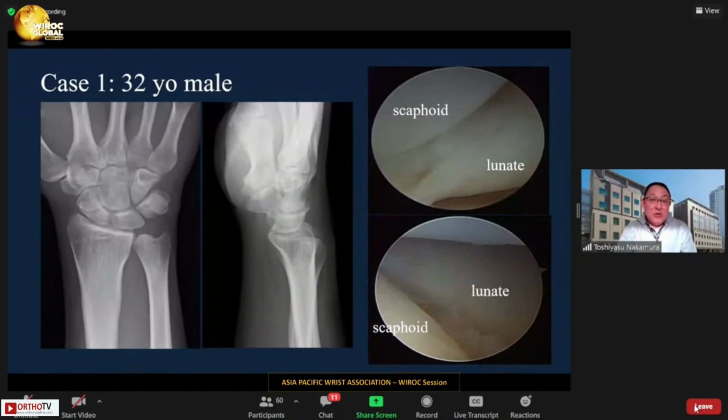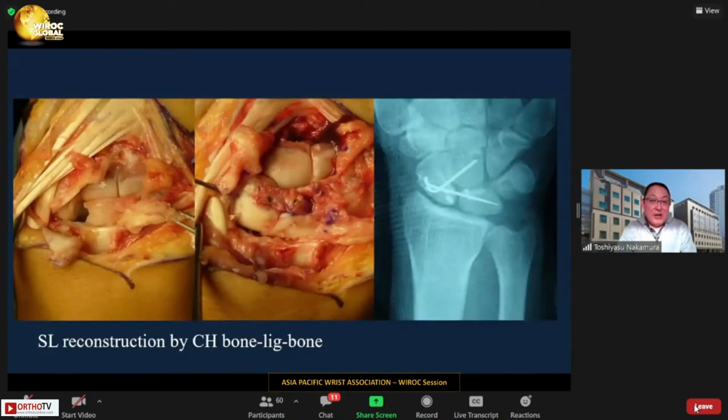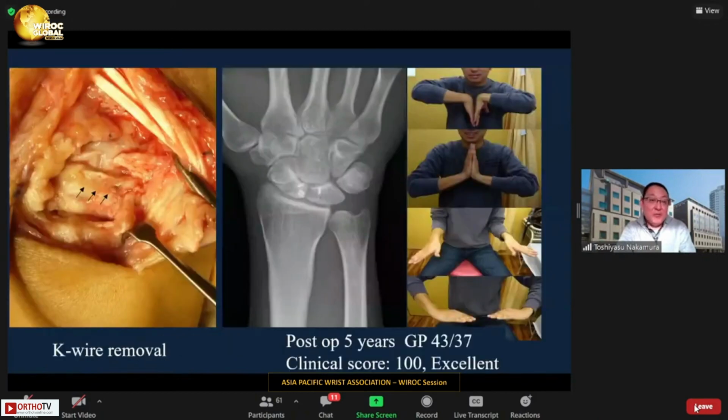This is a 32-year-old male who had a complete avulsion of the SL. I explored the joint and found that there was a complete avulsion of the SL. Then I reduced and reconstructed the SL ligament with a capitate-hamate bone-ligament-bone. At the time of K-wire removal, 8 weeks after surgery, I was a little suspicious about the reconstruction.